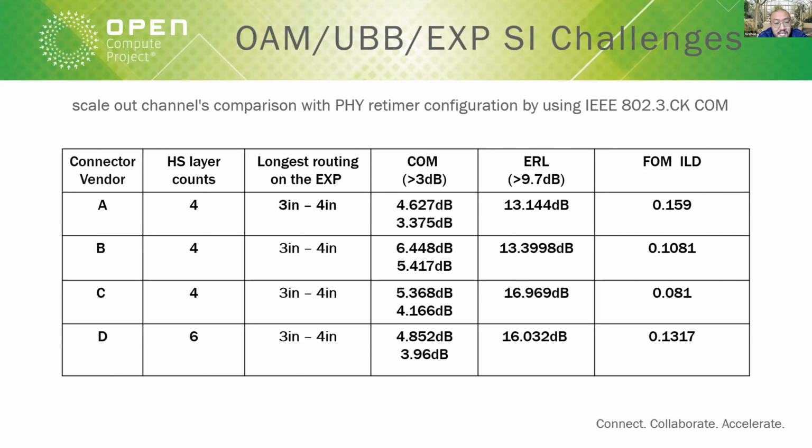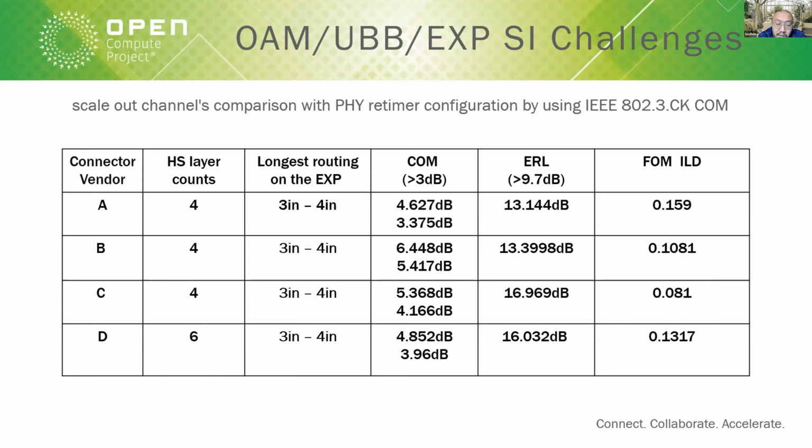The actual routing length is between 3 and 4 inches. This is on the expansion card. Then we cascade with the model on the UBB, because the scale-out is from the OEM all the way to the expansion card, right? We cascade it together and run the COM.